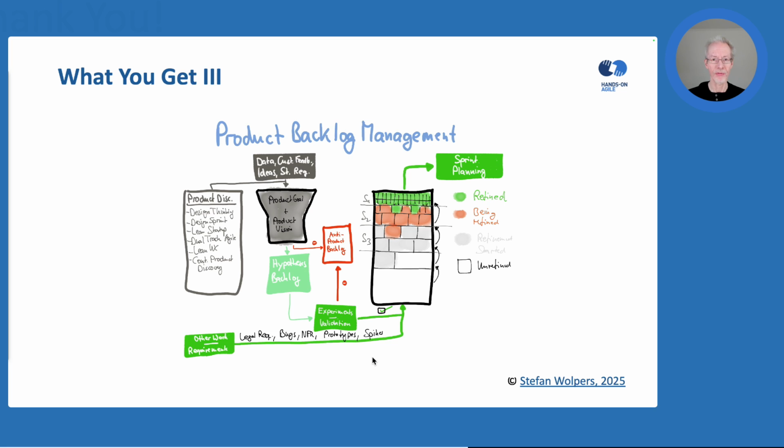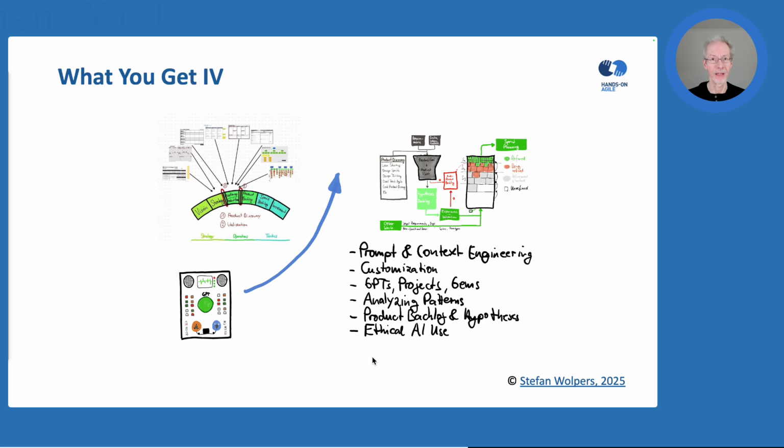Now, version 2 spent a lot of time on the third part, which is generative AI for agile practitioners. I created this whole new part. It's almost covering half of the whole curriculum here. And we have a deep dive into prompt and context engineering, customizations of your tools, how GPTs, projects, and gems work, how we can analyze patterns, and how we can use large language models to help us understand unstructured data.